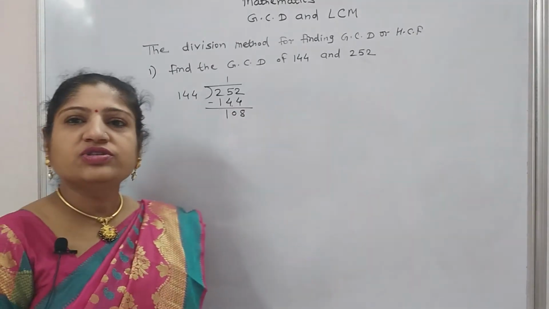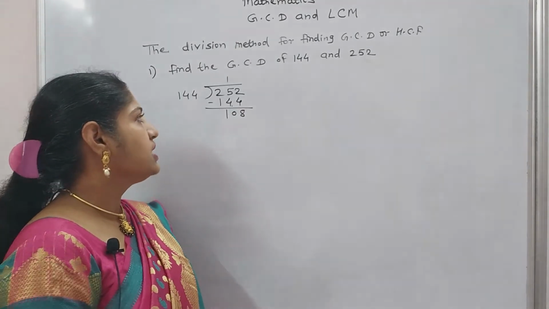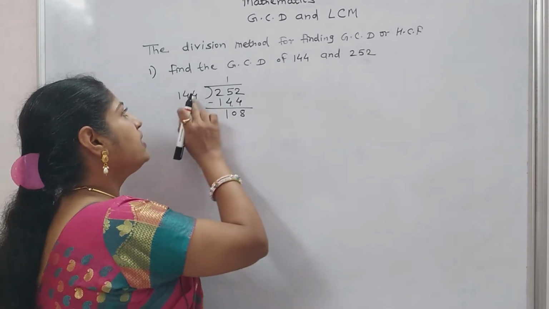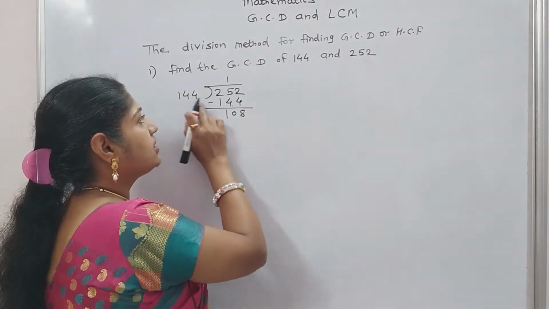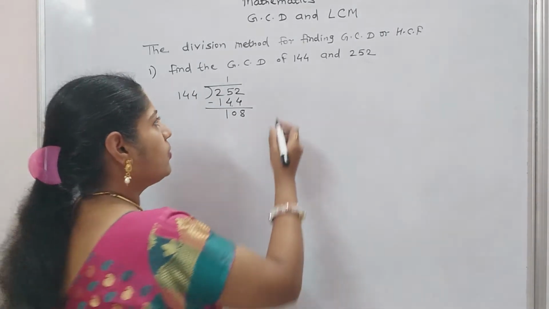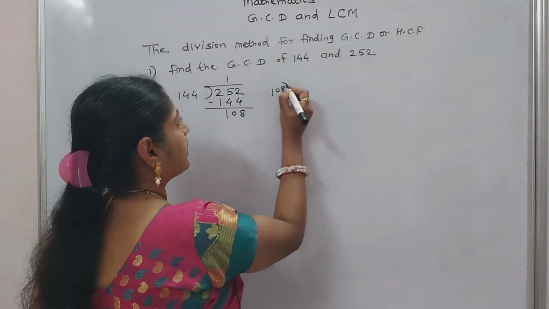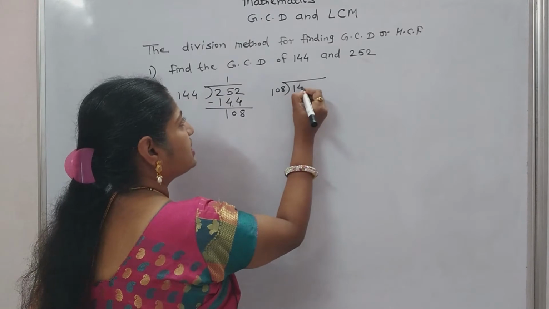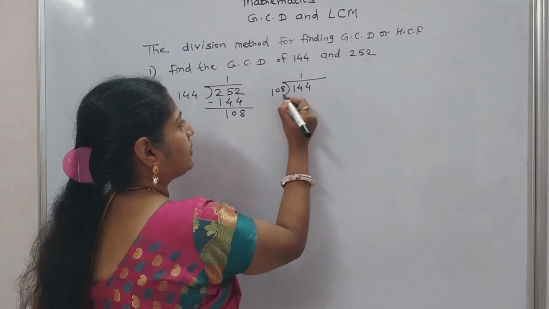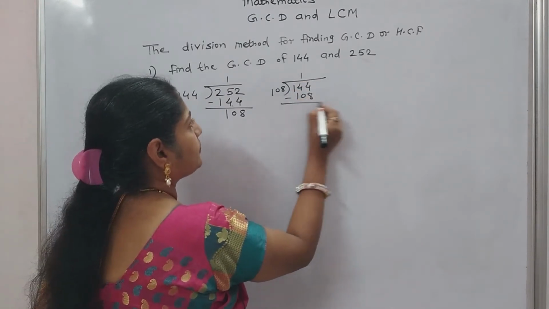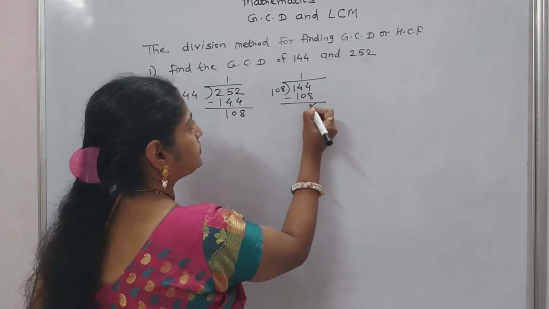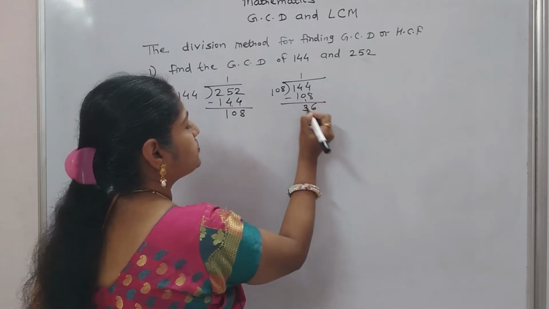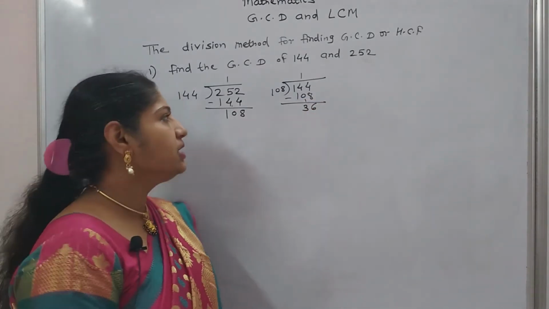The remainder is 108. Now the second step is to divide the previous divisor by the remainder. Now 108 is the divisor and 144 is the dividend. Continue this process. Now 36 is the remainder.